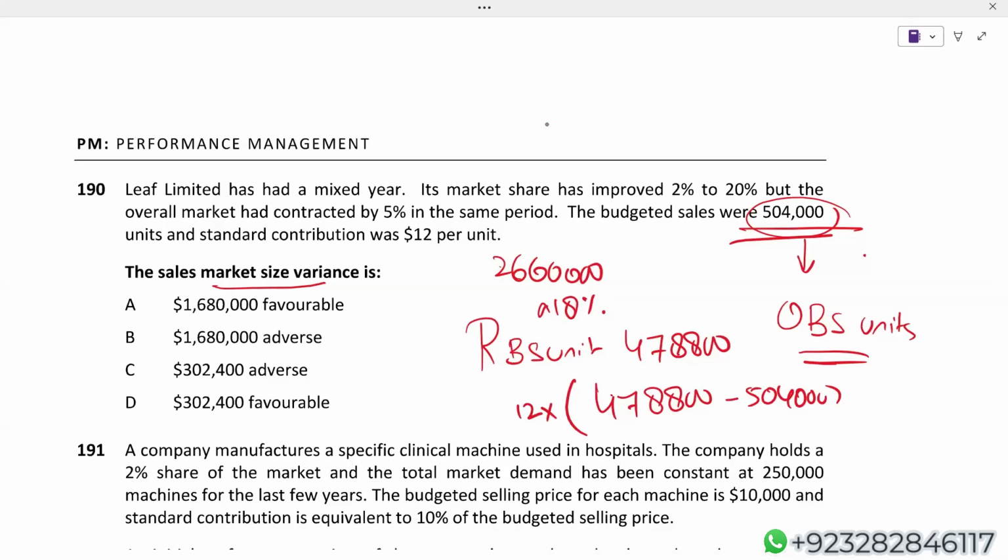Students, everyone was getting a correct answer: 3,02,400. So simply I would say perfect. There shouldn't be any issue at all.